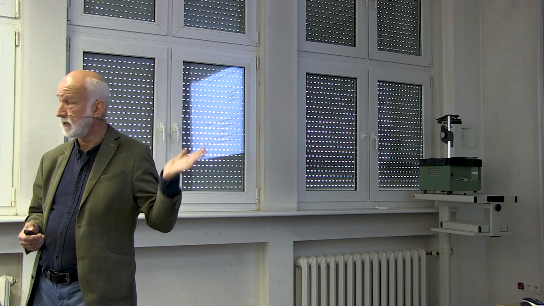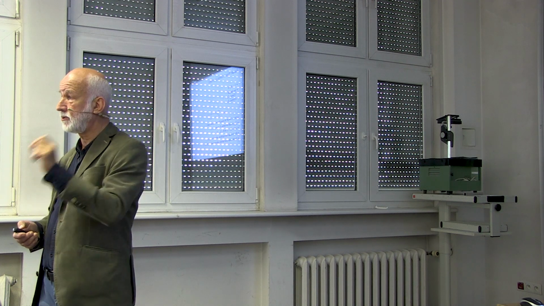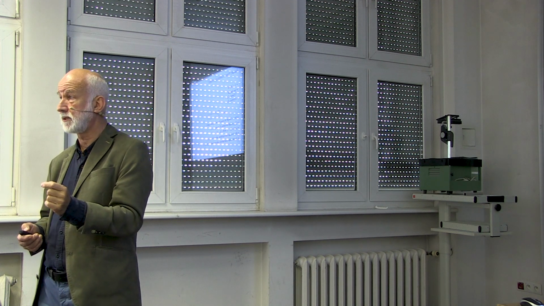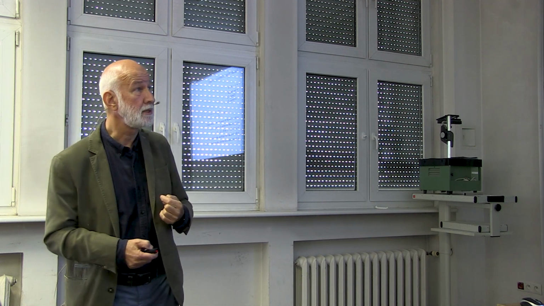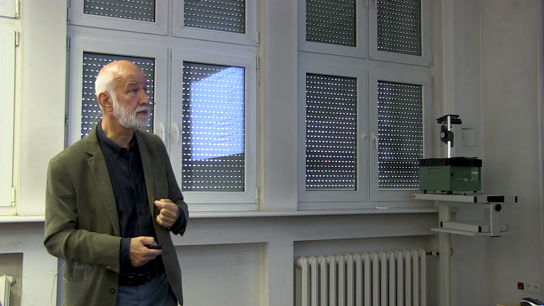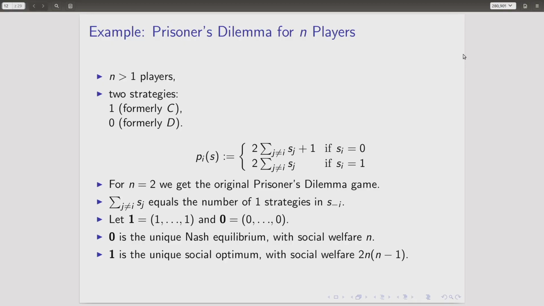The point is, one can easily check that all zeros is the only Nash equilibrium in this game, because for every player it's always better to choose 0, since this is always bigger than that. But if each of them chooses 1, then you get the social optimum. Then each payoff is 2 times n minus 1.